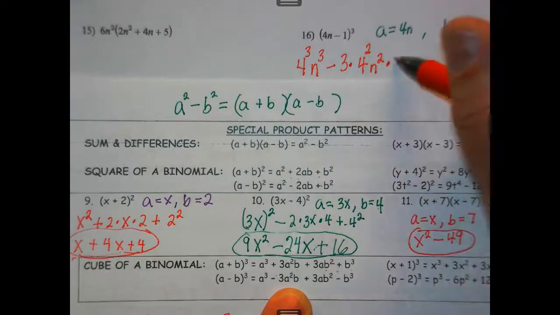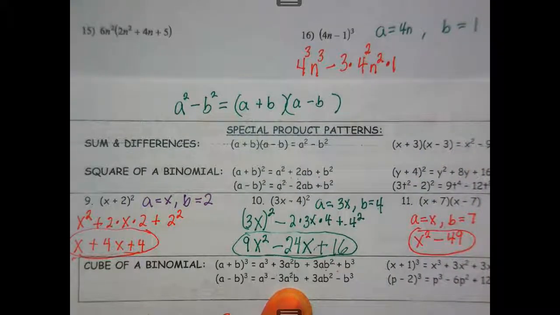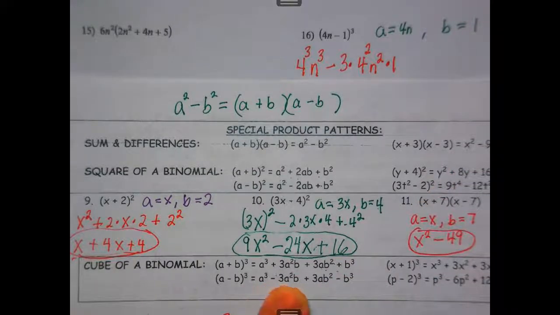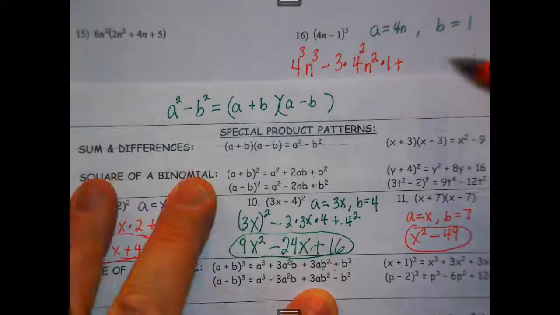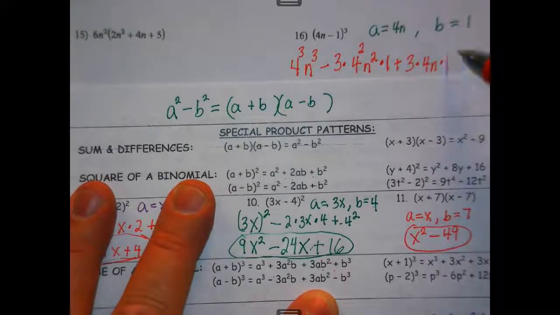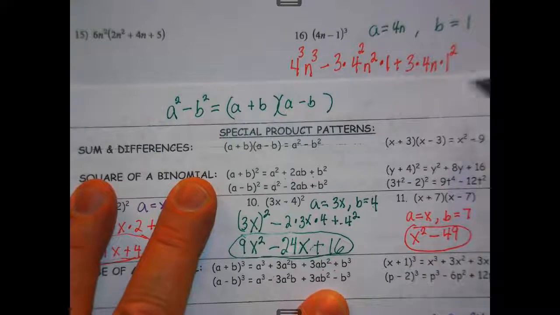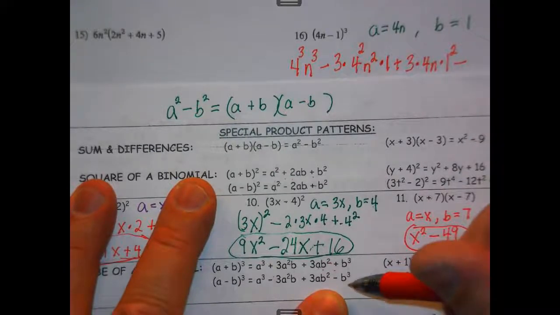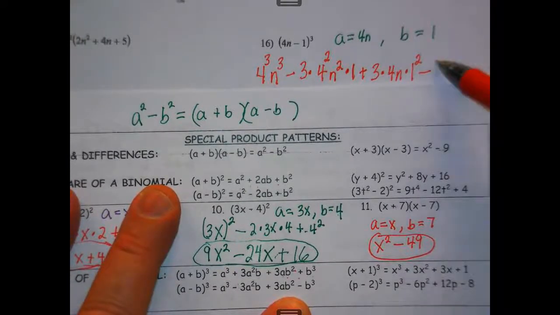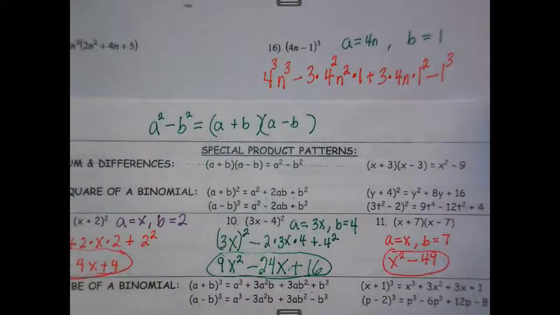My b is 1, because that's the minus sign there. Next term, plus 3 times a, which is 4n, times b squared, which is 1 squared, minus b cubed. My b is 1 cubed. So there, I'm done with my substitution.